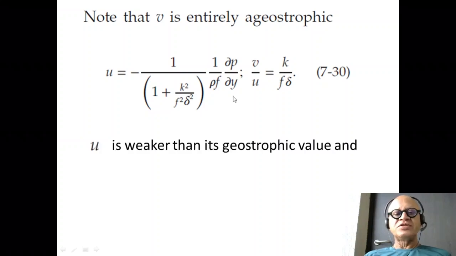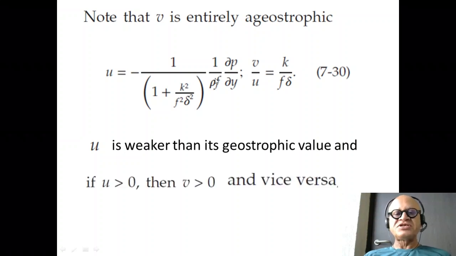What is the point? This is to show that u is weaker than its geostrophic value, because the geostrophic value would be just this, but we are dividing by a number that's greater than 1. k squared over f squared delta squared is a positive quantity, so dividing 1 by 1 plus something is going to give you a fraction of the geostrophic value.